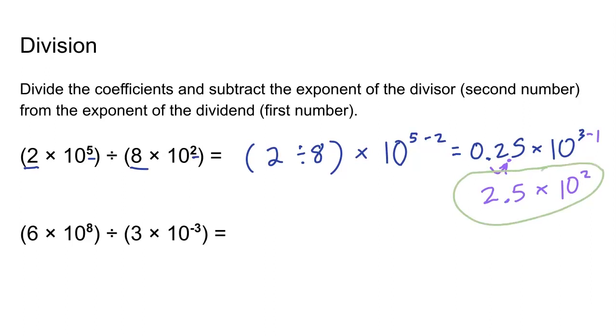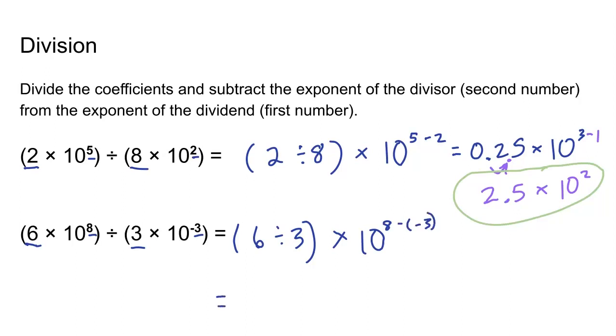Next we have 6 times 10 to the 8th divided by 3 times 10 to the -3rd. So once again we need to divide the coefficients, 6 and 3. That gives us 6 divided by 3 times 10, and then subtract the exponents, 8 and -3. 8 minus negative 3.